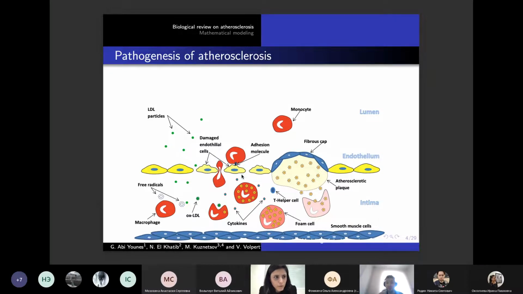Yes, they are monocytes in the blood flow and macrophages in the intima. And this EGF, which is produced by inflamed endothelium, what cells does it recruit? Cells from blood flow or cells from elsewhere, from tissues? Does blood flow act on EGF?